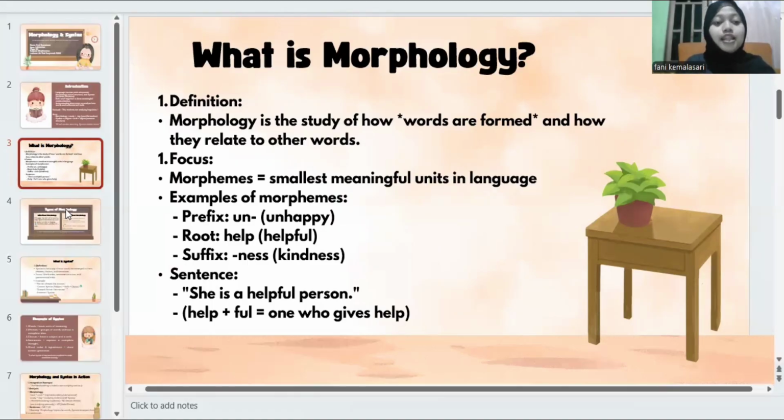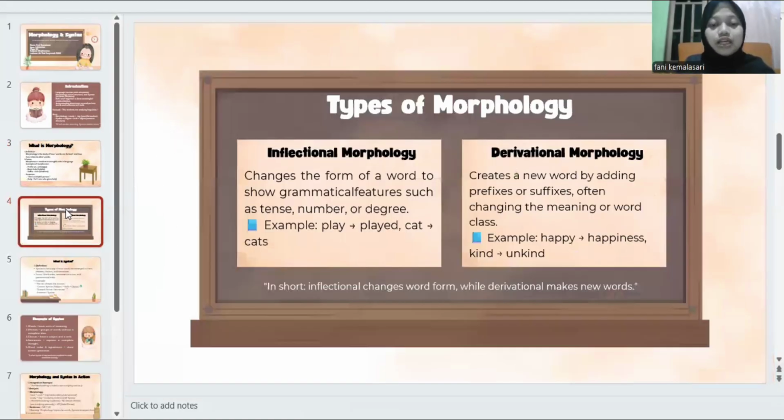Okay, and next slide, there is types of morphology. There are two main types of morphology, and this is super important. The first, there is inflectional morphology. This changes the form of a word to show grammatical features like tense, number, and degree. Example, play to played, cat to cats. And second, there is derivational morphology.